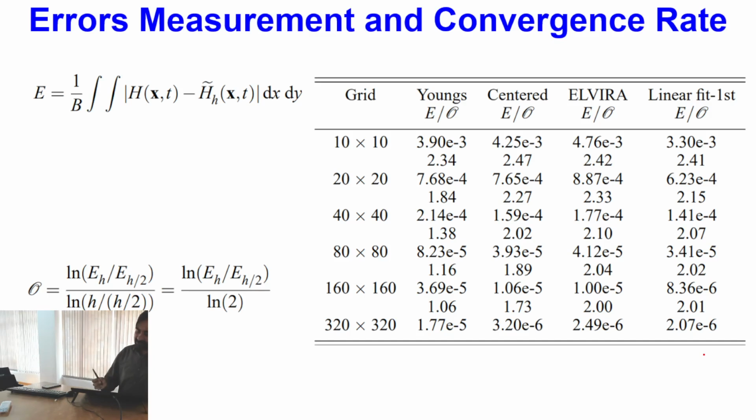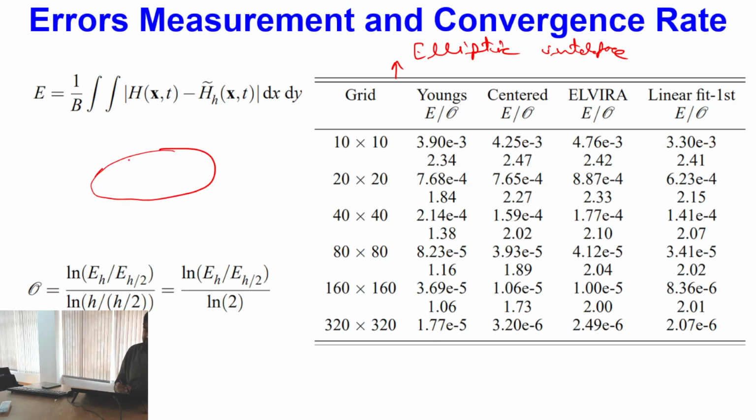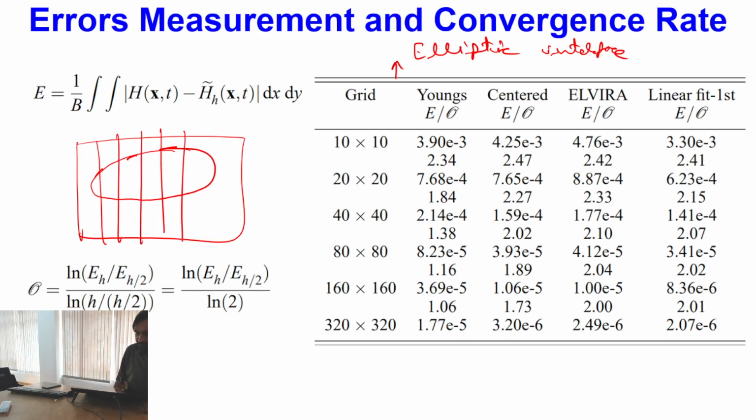Then this is the reconstruction for an elliptic interface. So if you have the actual interface as an ellipse, this is reconstructed using line segments on different grids. In the first case, this ellipse is in a stencil of 10 by 10 cells.